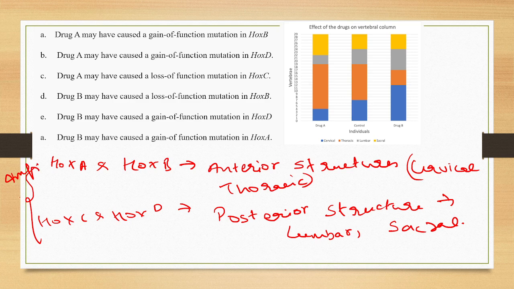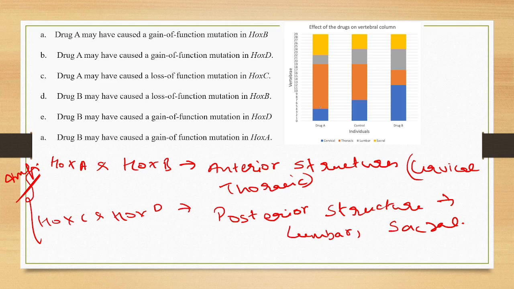Now you see here, this is the control. With respect to control, you can see that in drug A, this particular area is increased, which is the thoracic region. With respect to control, the thoracic region has been increased. The cervical region is somewhat decreased over here. So, first option says that drug A may have caused a gain of function mutation in HOX-B.